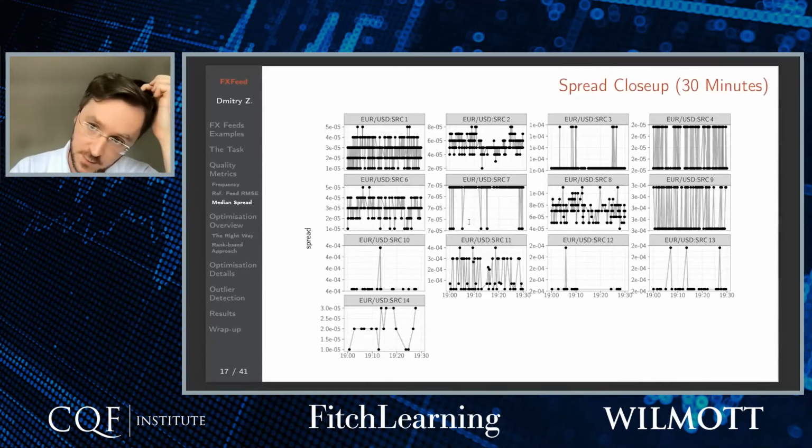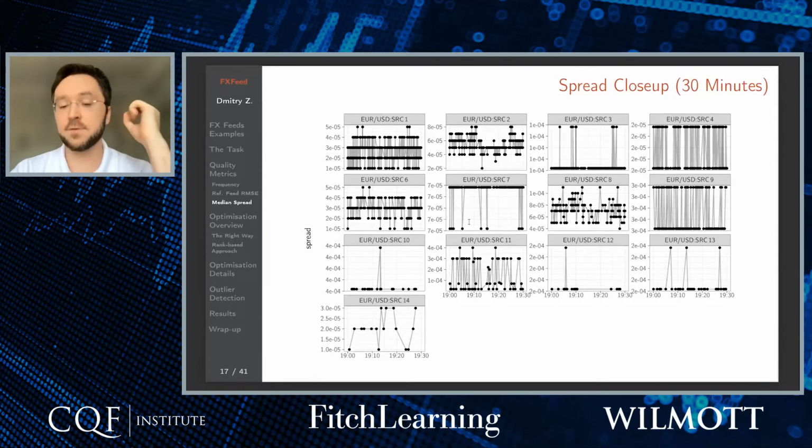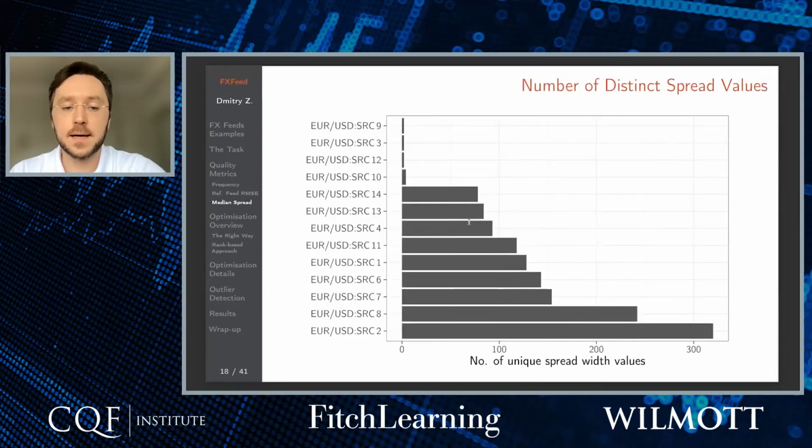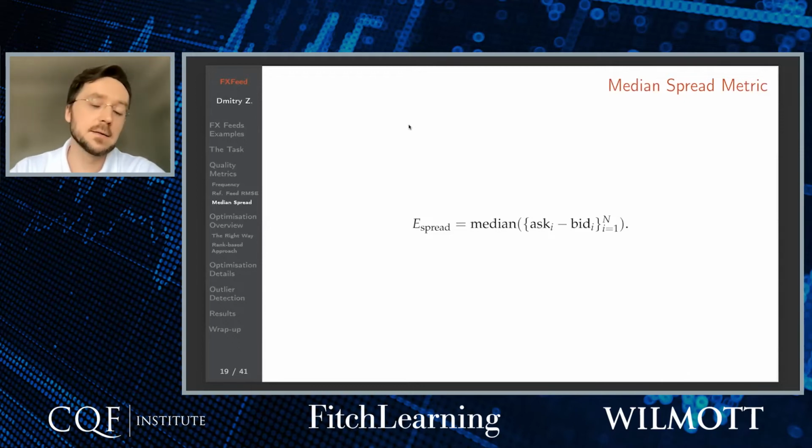If we examine the close-up, we can see that for some feeds, their values oscillate between just a couple of values, really. And we can verify the findings by plotting the number of distinct spread values for different sources. For some, this value is 2, 3, and for some it's more than 300. In the end, we decide to say that the spread metric is simply the median of all the spread values.